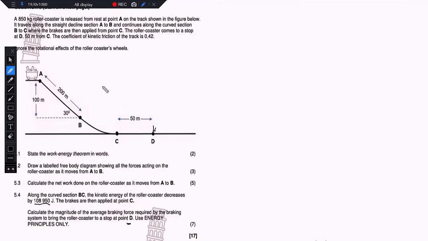So with this question here, let's start by finding the change in kinetic energy between point B and point C, right?